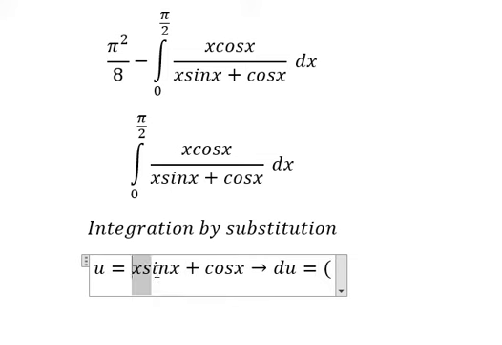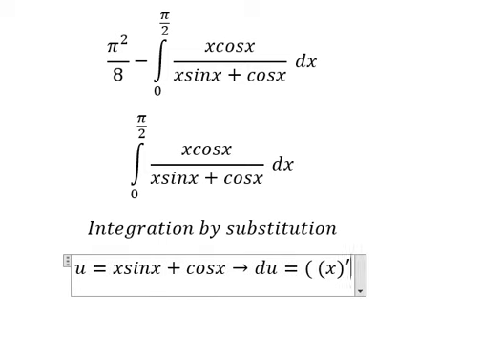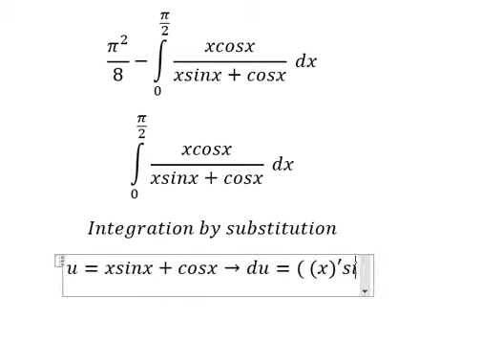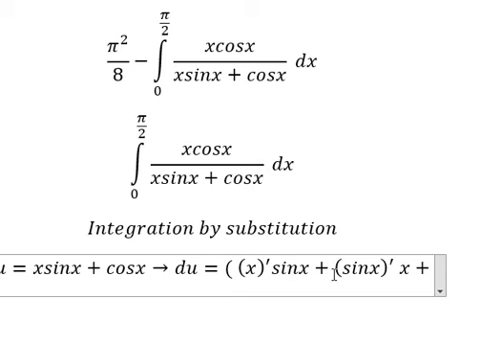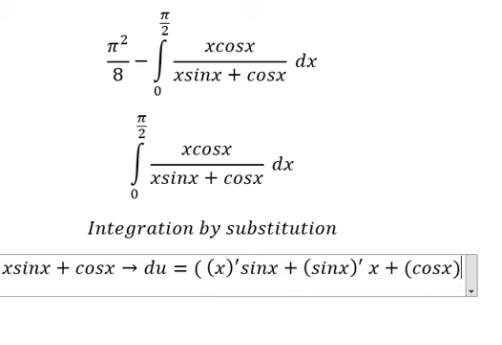So here we can apply the product rule of derivative. So we take the first derivative of s multiplied by sin s plus the first derivative of sin s multiplied by s, and then we take the first derivative of cosine s.